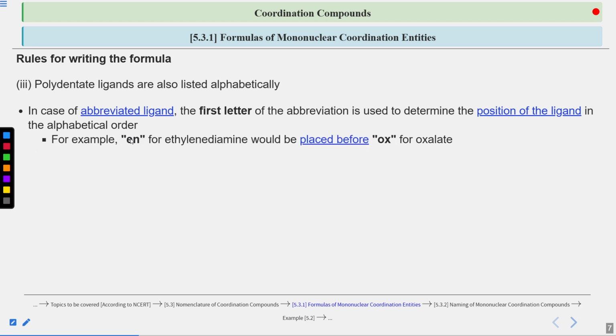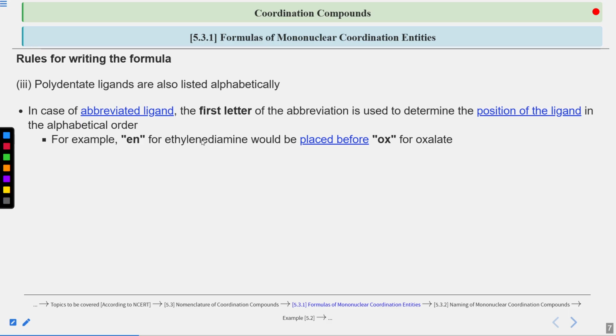For example, let's say en. en is for ethylenediamine, right? Now, this would be placed before the oxalate, ox. These are both polydentate ligands, ethylenediamine and oxalate. And what we are saying is that they are abbreviated.